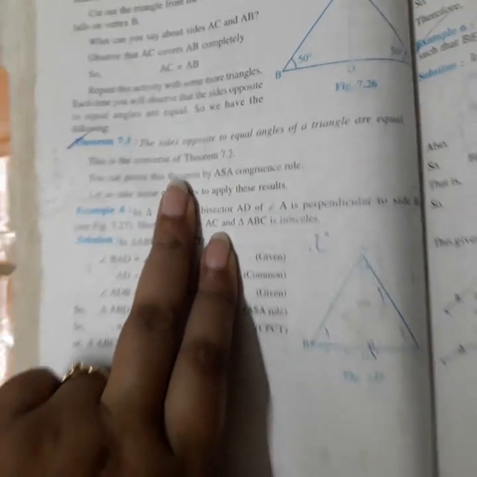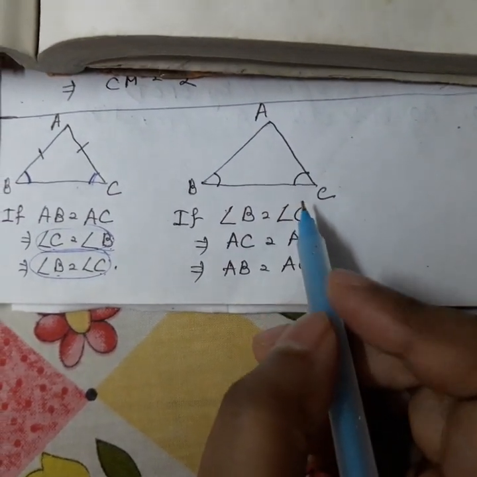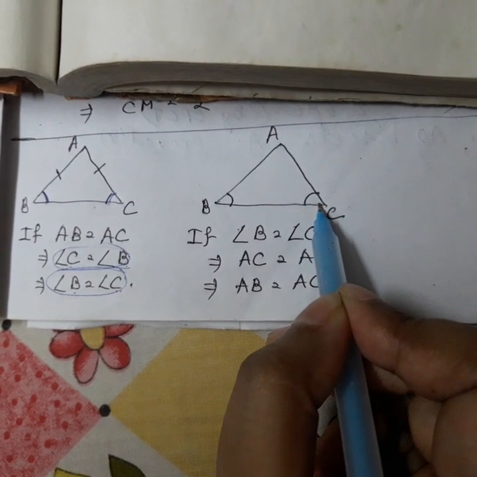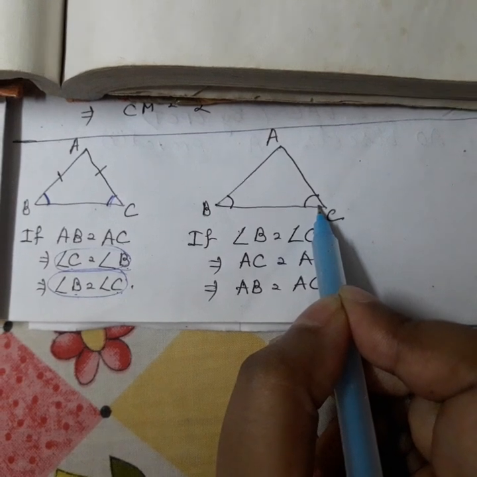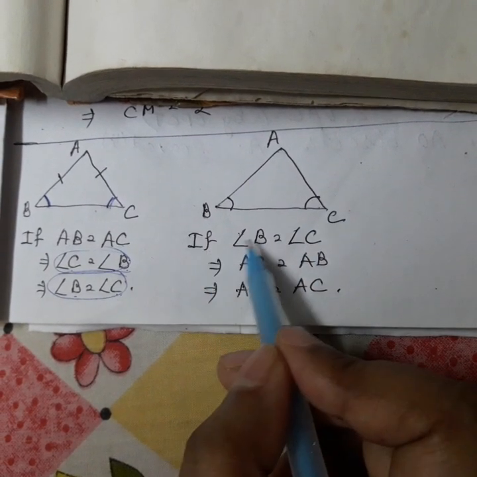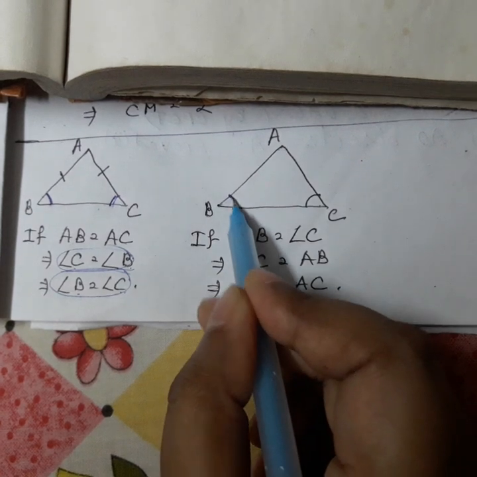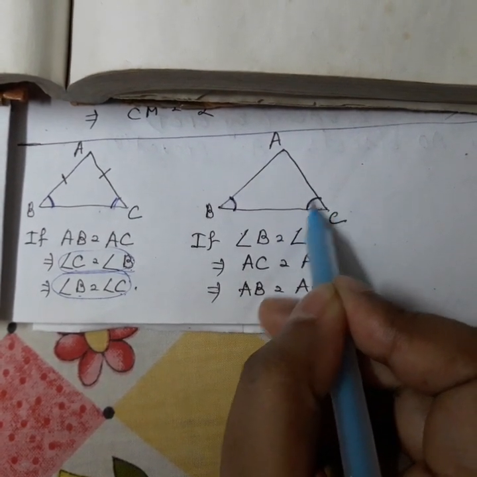If I draw one triangle ABC, and suppose two angles, angle B and angle C, are equal, then their opposite sides are also equal. If angle B equals angle C, what is the opposite side of angle B? That is AC. And what is the opposite side of angle C?